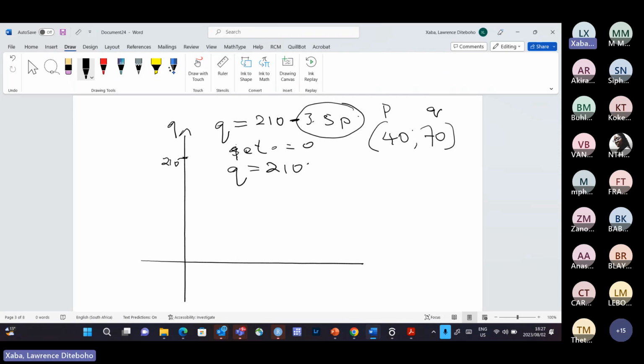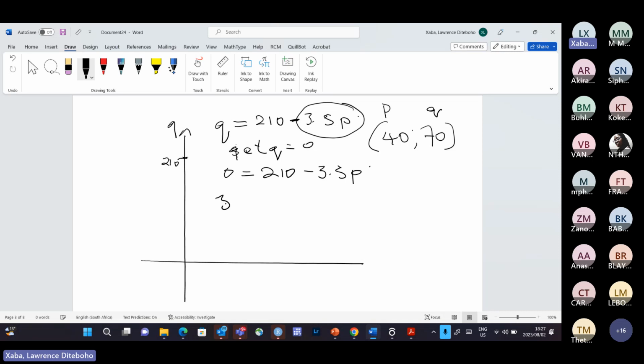Now let's set Q equals to 0. When we set Q equals to 0, we end up having 0 equals to 210 minus 3.5P.